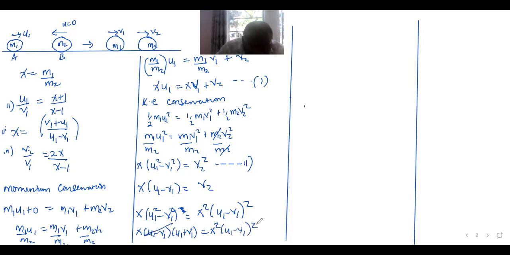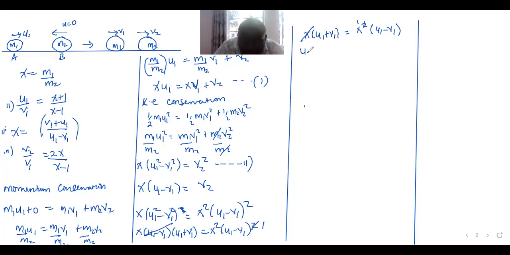You can lose this with this one and remain with one. So with that, you get X into U1 plus V1 is equal to X squared into U1 minus V1. I'll lose this X with this X.